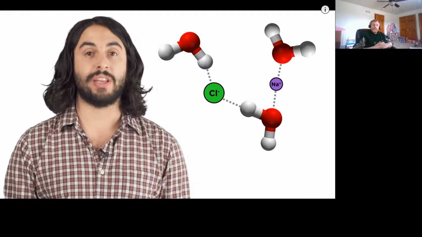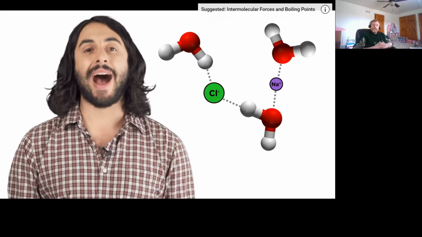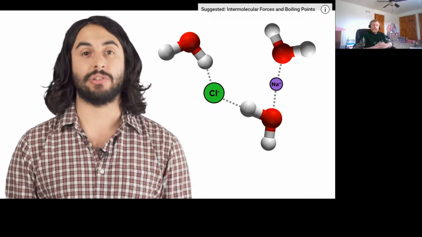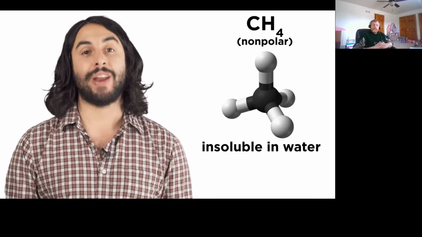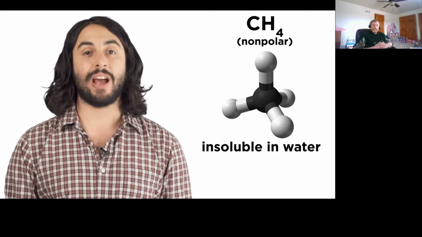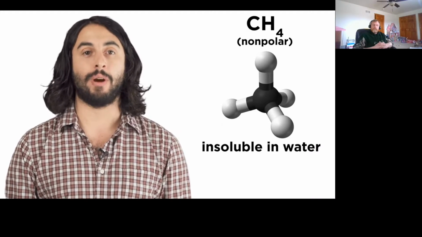Something will dissolve if in doing so it will make favorable intermolecular contacts with solvent particles. In the case of salt, it will dissolve and dissociate so that the sodium ions and chloride ions can make ion-dipole interactions with water molecules. A nonpolar covalent compound will not dissolve in water because without a dipole, it can't make any dipole-dipole interactions with polar water molecules.